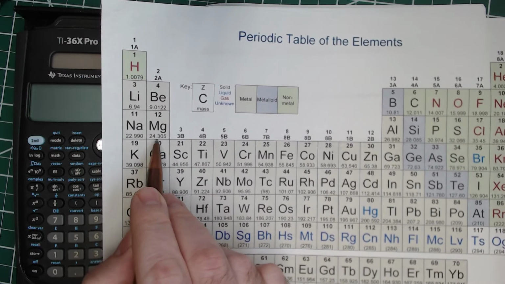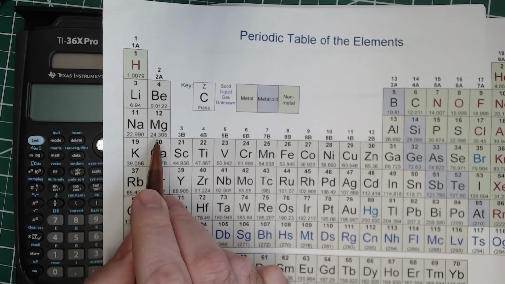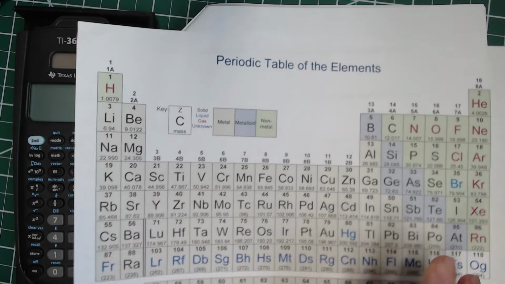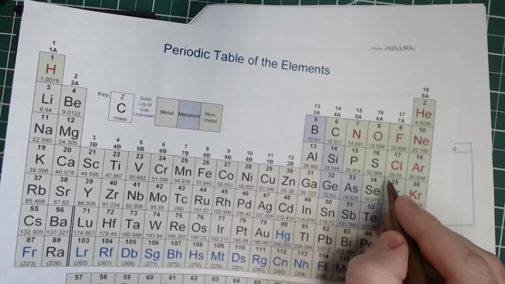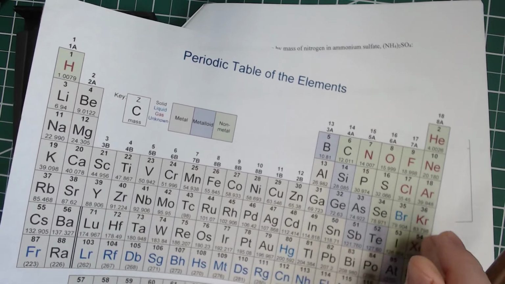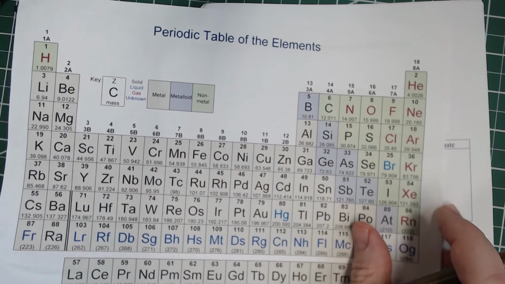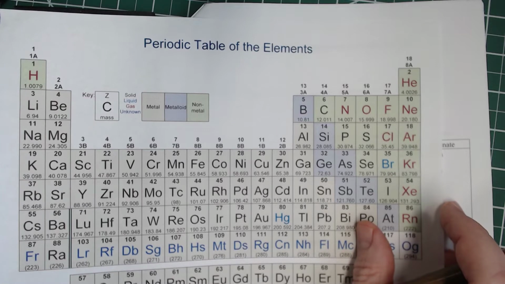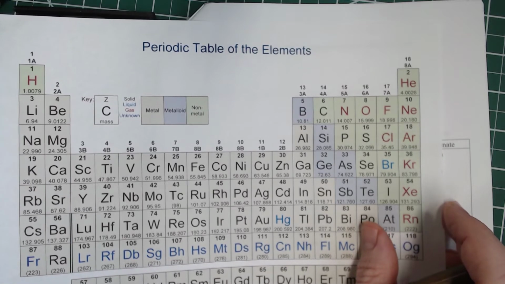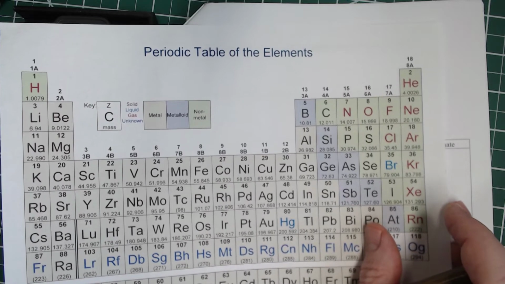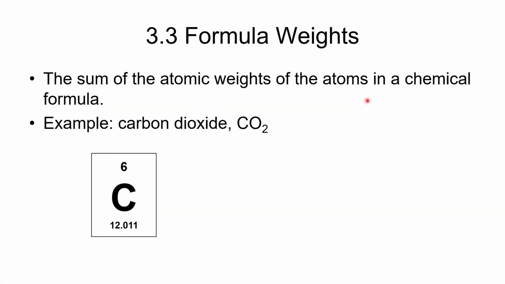And you'll see that it's a little bit more than 1% away from the whole number of 24. A similar one is chlorine at 35.45. That's more than 1% away from the whole number of 35. So I usually discourage students from rounding to the nearest whole number unless they are doing a really rough calculation. So just keep that in mind.